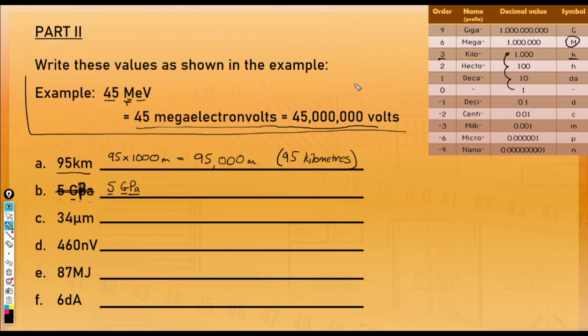I don't know why I'm so fixed on extremely high pressure in these examples, but we may remember from the last slide, giga, capital G, corresponds to a billion. So 5 gigapascals is going to be 5 times 1 billion. That's 9 zeros. 5 times 1 billion pascals, which is 5 billion pascals.